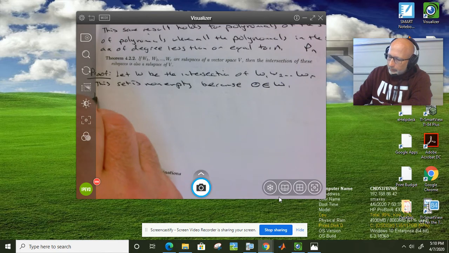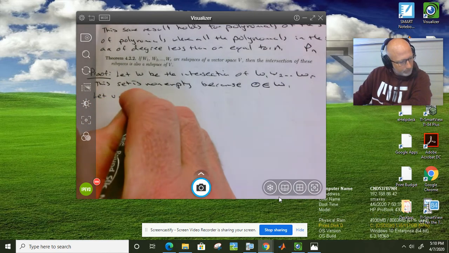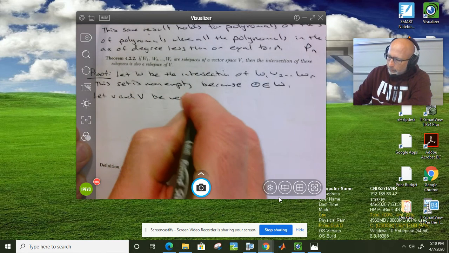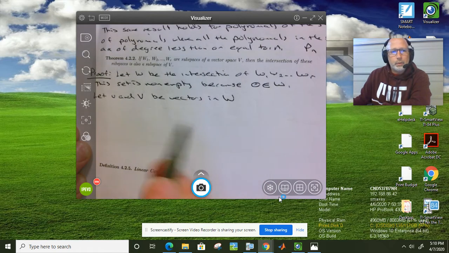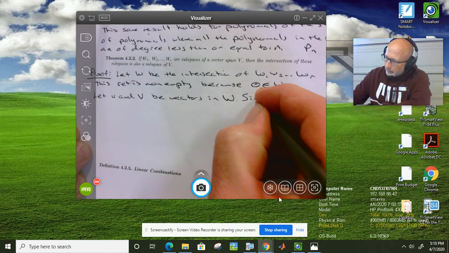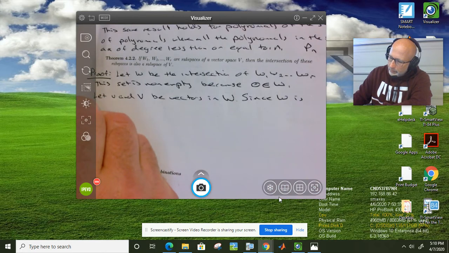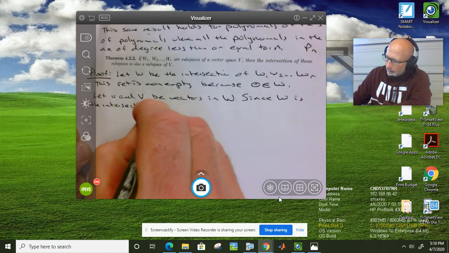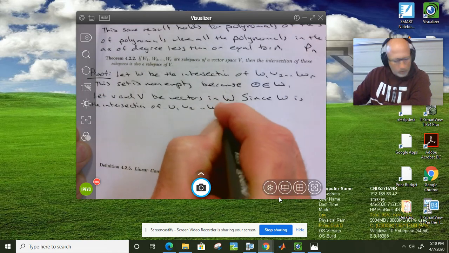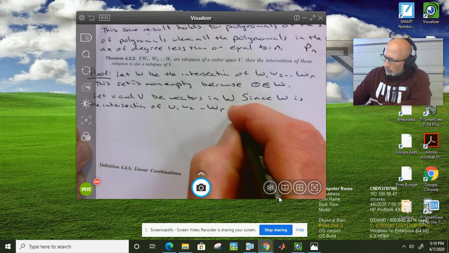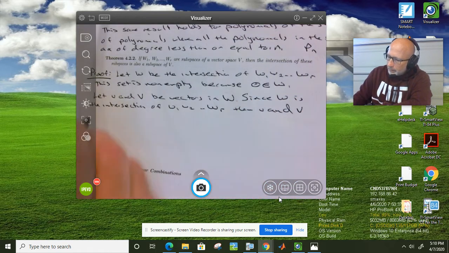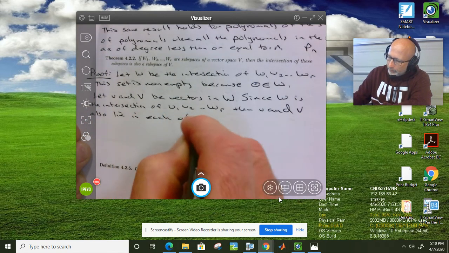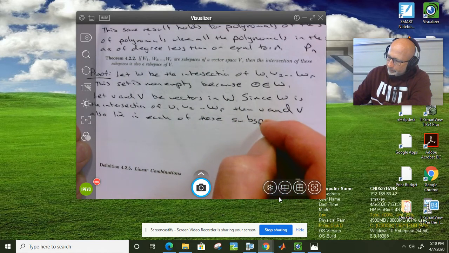Okay, so we're going to let U and V be vectors in W. What we want to do is show that when we take U plus V, it's going to end up back in W. Now, since W is the intersection of W1, W2, all the way up to WR, then U and V also lie in each of these subspaces, right?